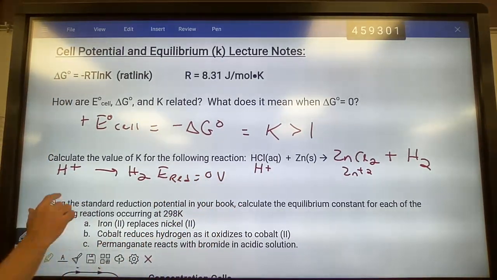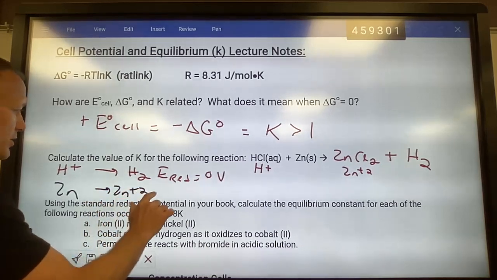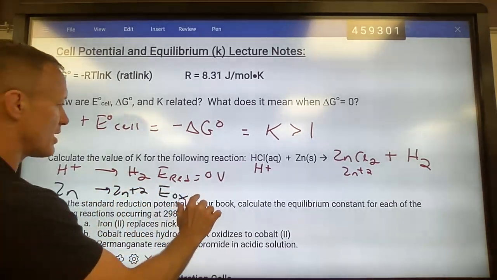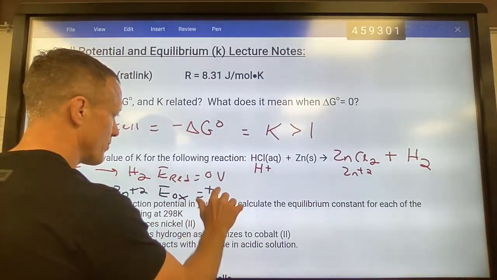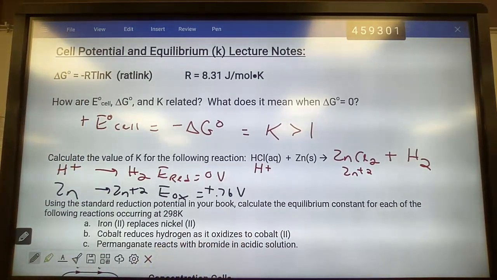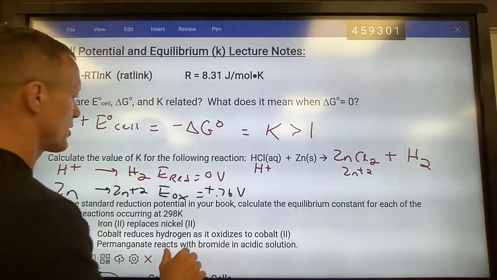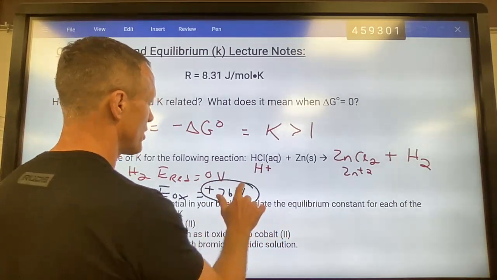And then Zn to Zn2+, that's oxidation. That oxidation potential, again, just off your chart, is a positive 0.76 volts. So add those two together, and that is our cell potential.